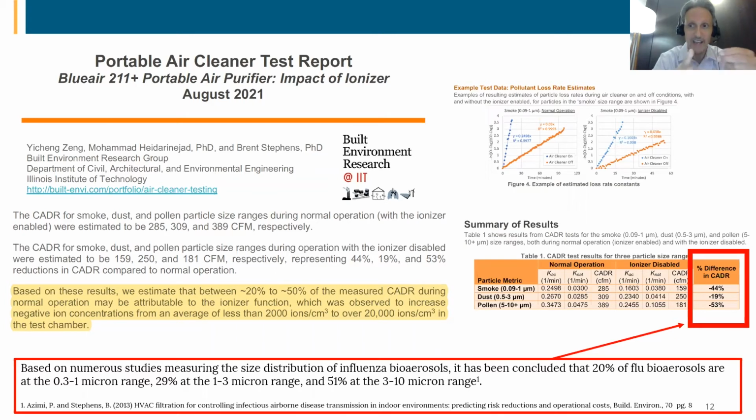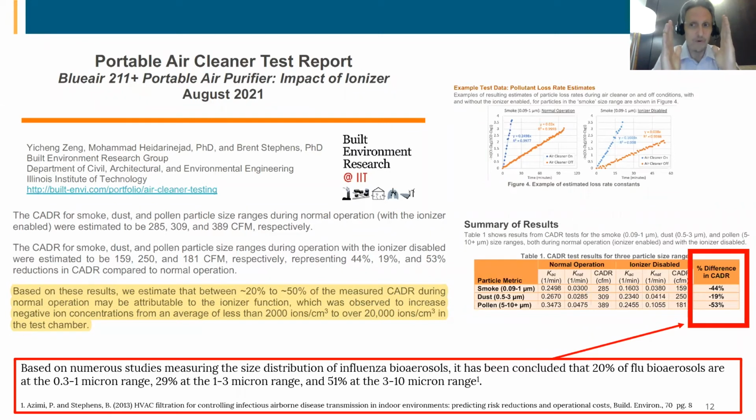So in other words, the ionized environment did exactly what I mentioned. It would agglomerate particles and get them back to the filter more efficiently and effectively. And that in-space portable HEPA filtration machine, based on particle size, became 20 to 50% more effective at removing particles from the space.